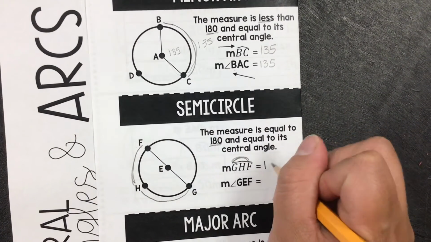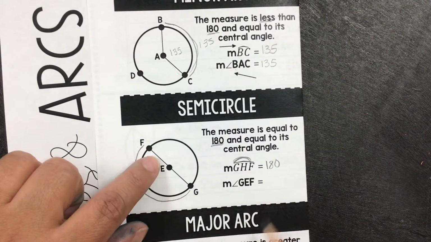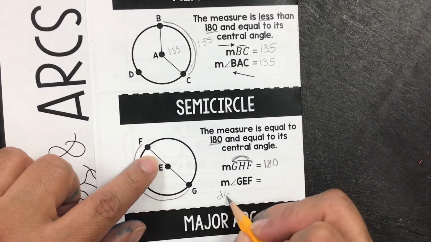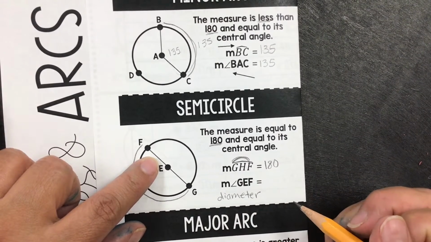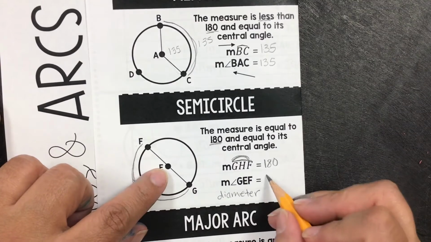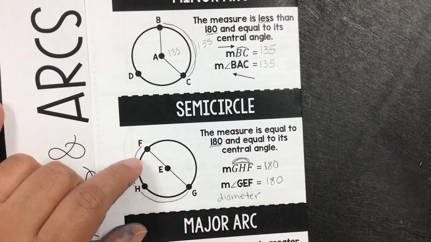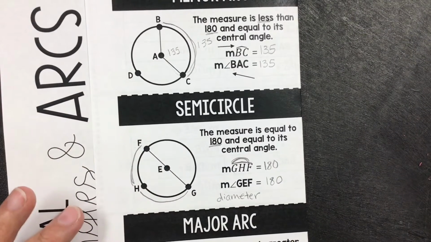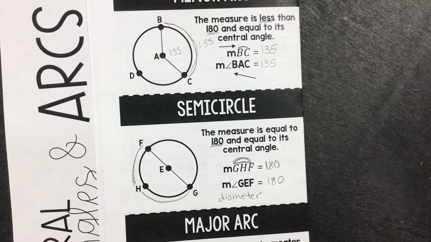And it will always equal 180 degrees because the line that makes it is always a diameter or a straight angle, which is also 180 degrees. So it's either going to tell us that it's straight or it's going to tell us that it's a diameter.